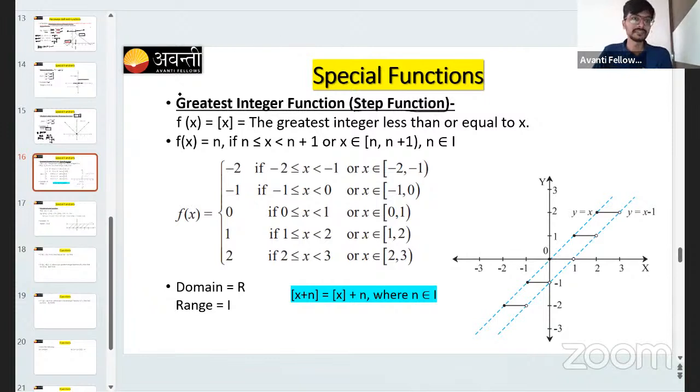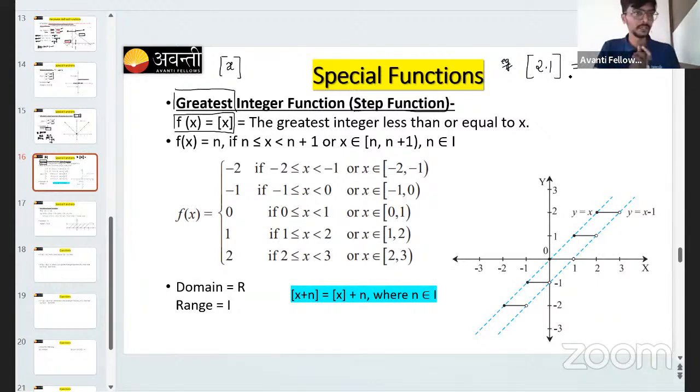Now, what is meant by this greatest? It is best explained with an example. The greatest integer function is denoted by box of x, like square bracket x. If I give input of 2.1 to the greatest integer function, what will be my output?